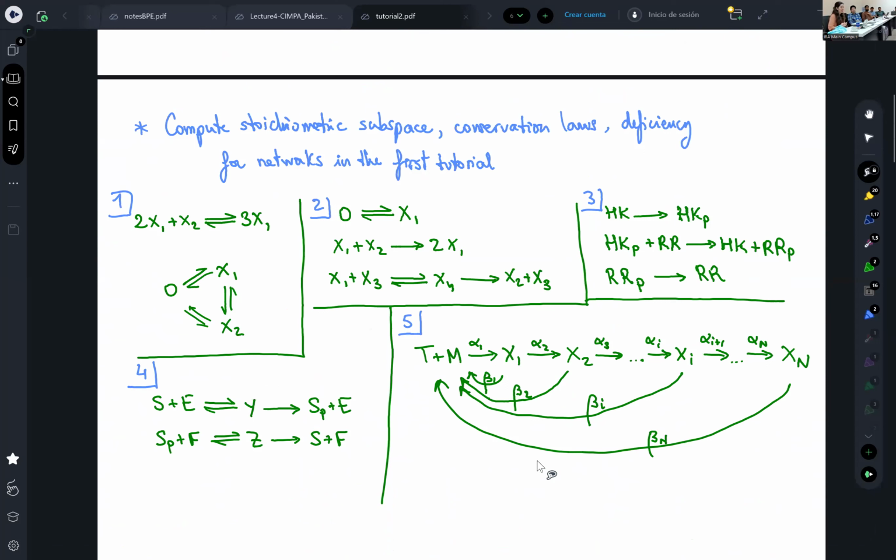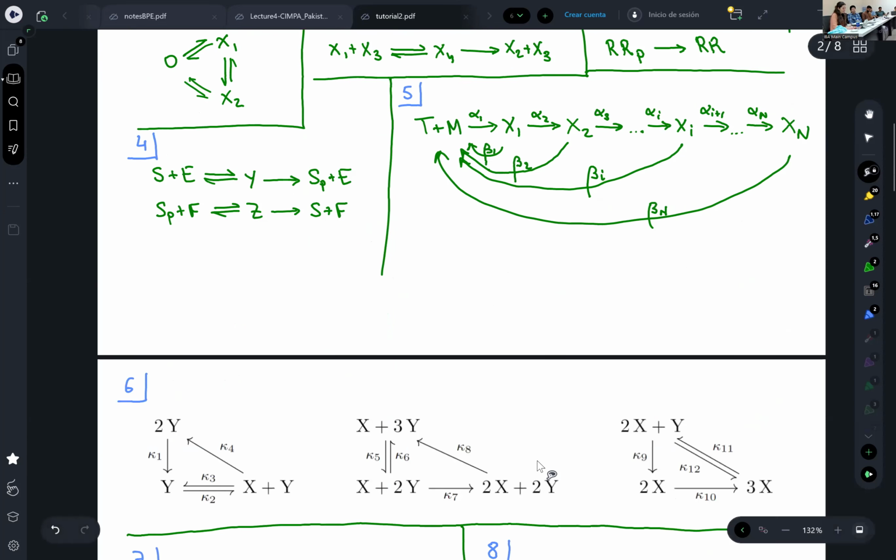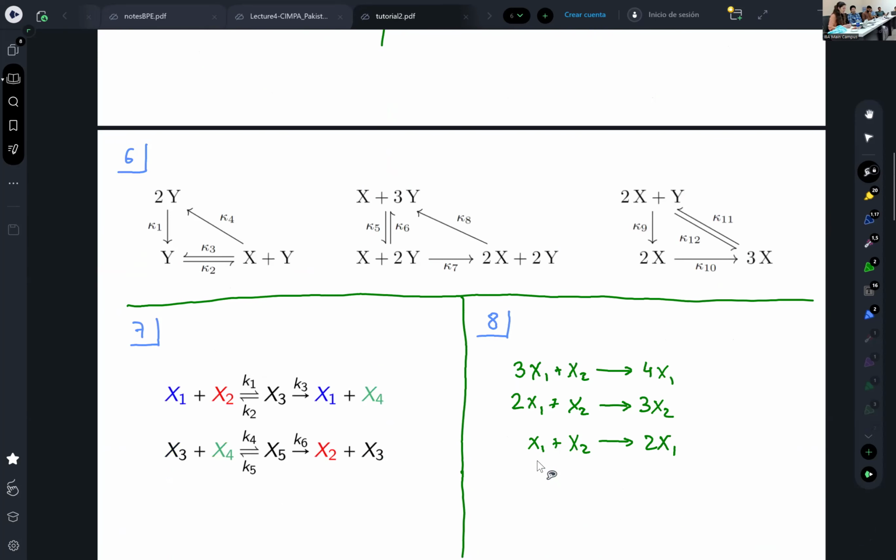So figure out if you can compute the stoichiometric subspace for these networks, if you can find conservation laws, if you can compute the deficiency for these networks. This is the second group of networks that I gave you.